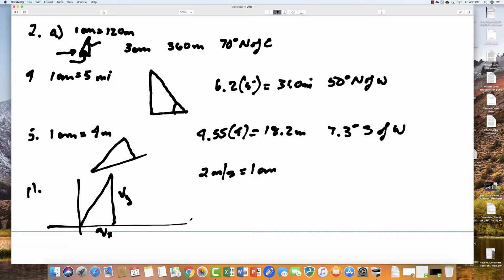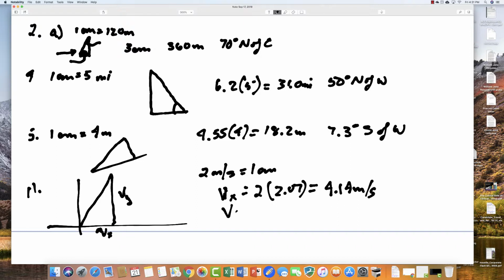And so when you do that, when you measure this line, the x line, Vx, is going to equal 2, which is your scale, times 2.07. So your Vx component, your x component of that velocity, is 4.14 meters per second.